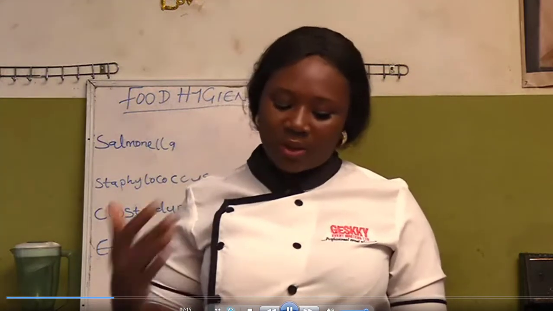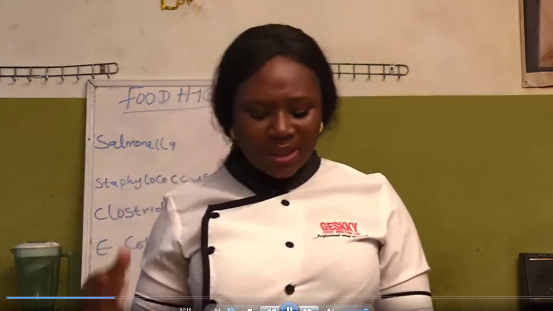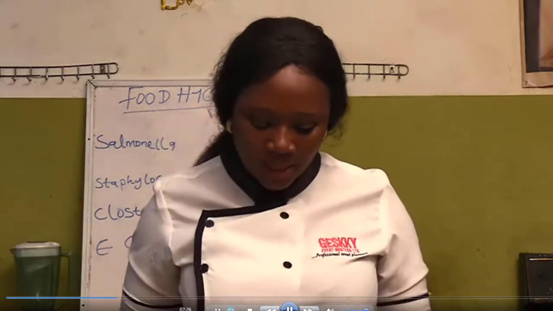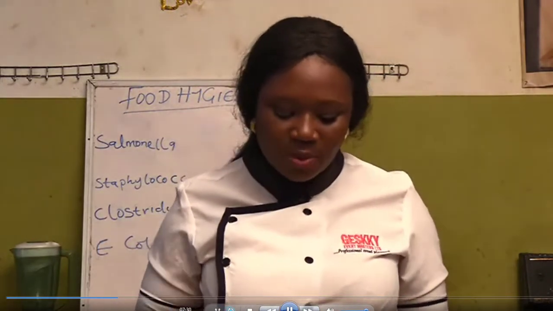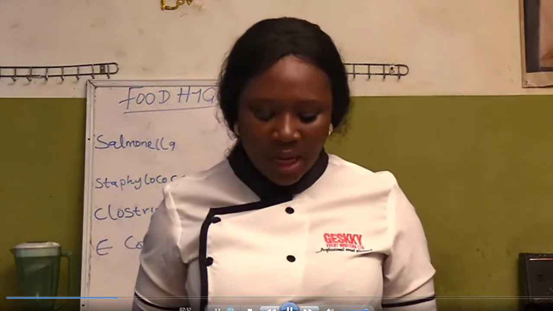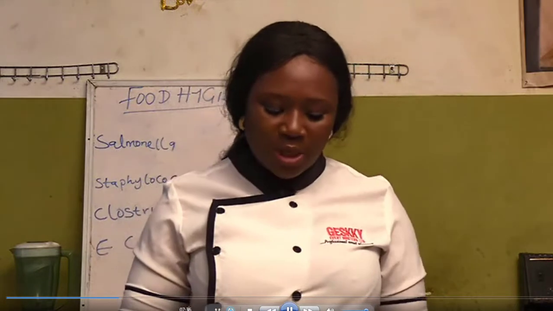Now, we have cross-contamination. What is cross-contamination? It is the transfer of bacteria from one place to another. Cross-contamination means that unaffected food becomes contaminated by transference of bacteria from another item or medium.